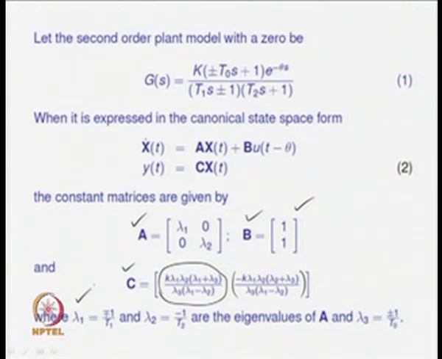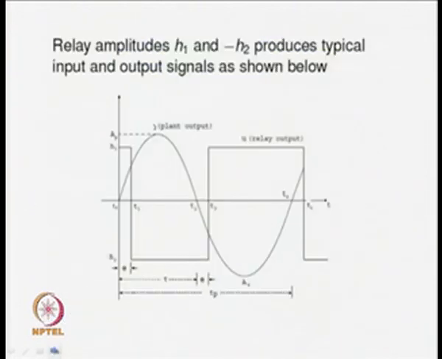We can write the expressions for these with respect to the transfer function model as lambda 1 is equal to minus or plus 1 upon t 1, and lambda 2 is equal to minus 1 upon t 2, whereas lambda 3 is given as plus or minus 1 upon t 0. Using these lambdas and the state equation, it is possible to find analytical expressions for different spans of the sustained oscillatory output.